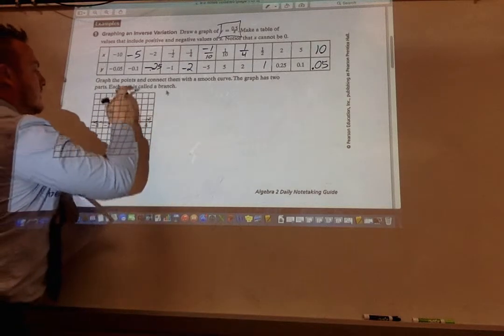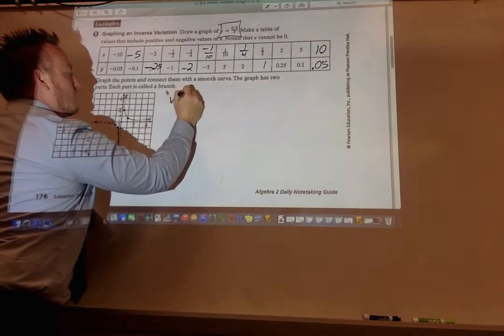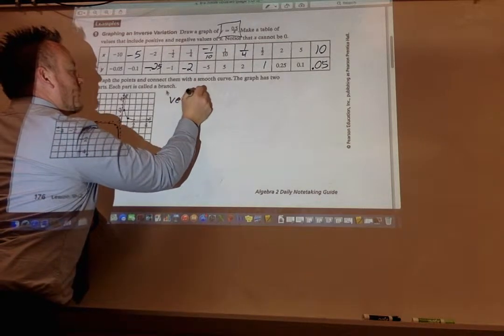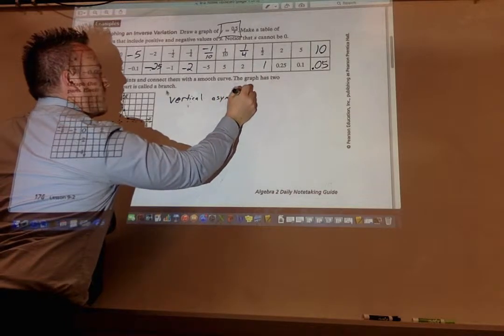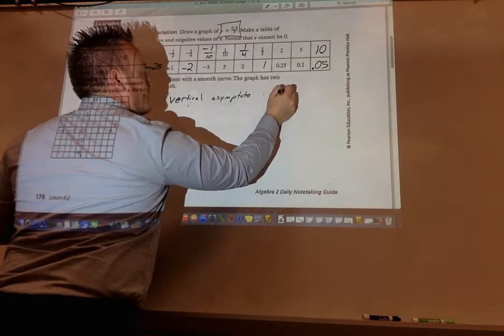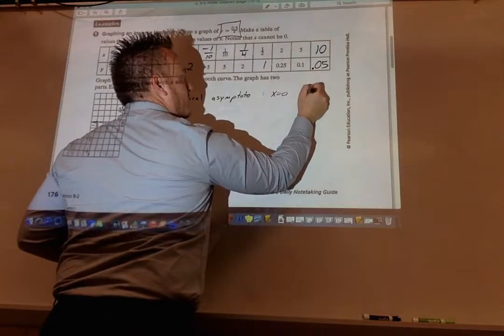So the vertical one is going to be our vertical asymptote, which is going to be at x equals 0. Okay, or it's the y-axis.